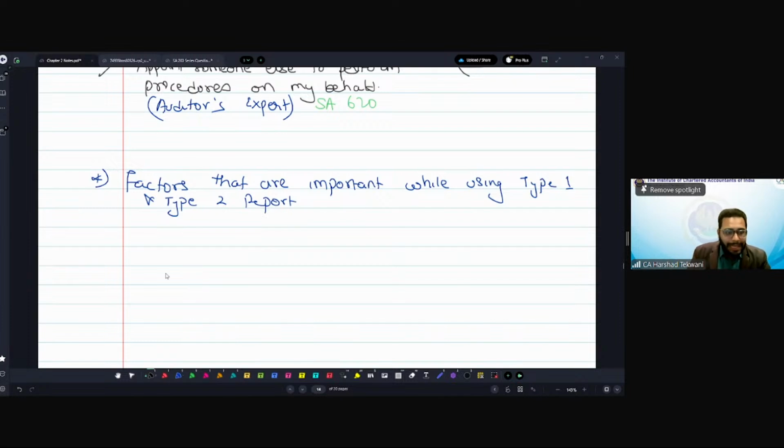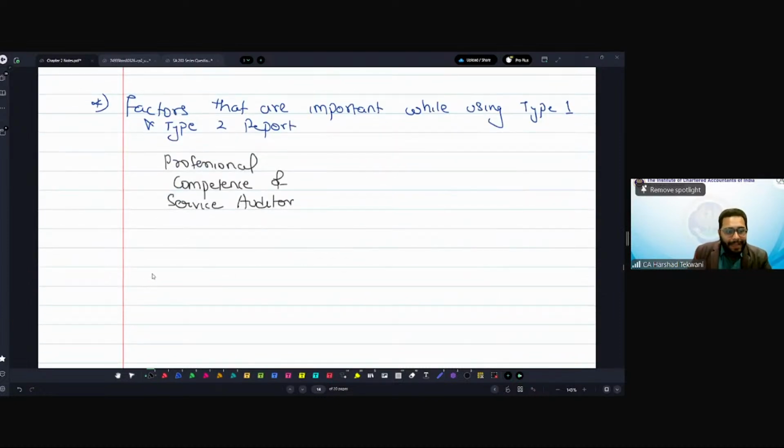Number one is we need to understand the professional competency of the service auditor, what is the professional competency of the service auditor, and whether he is independent of the service organization.